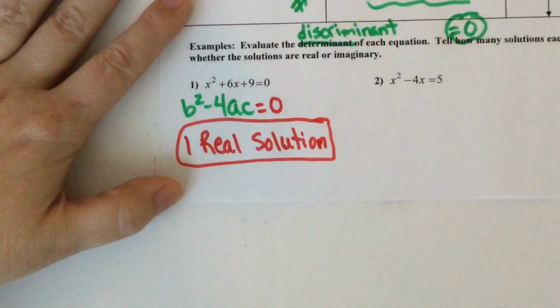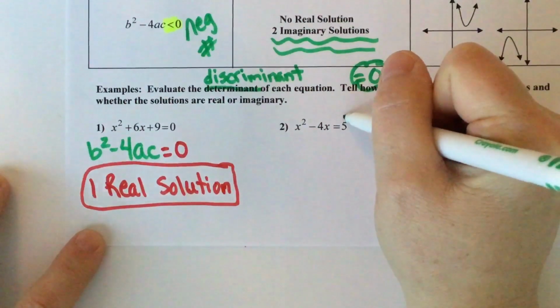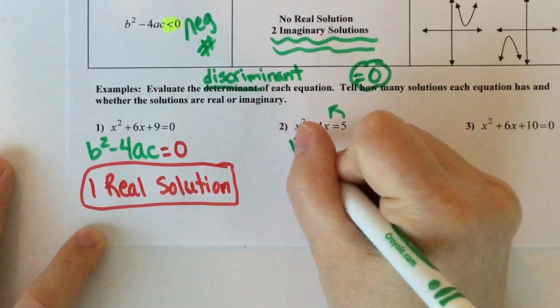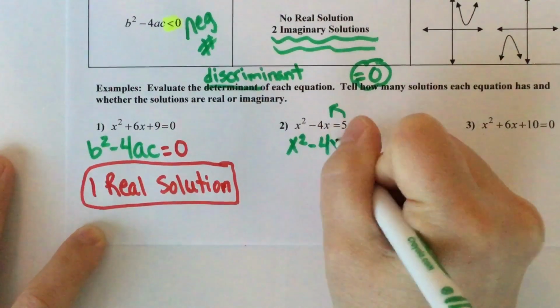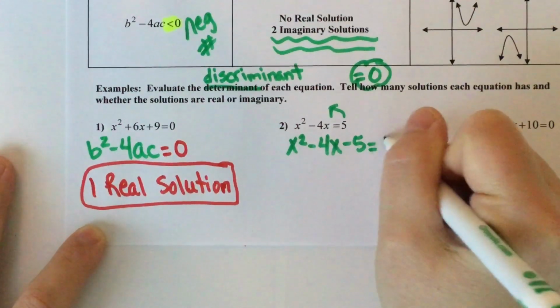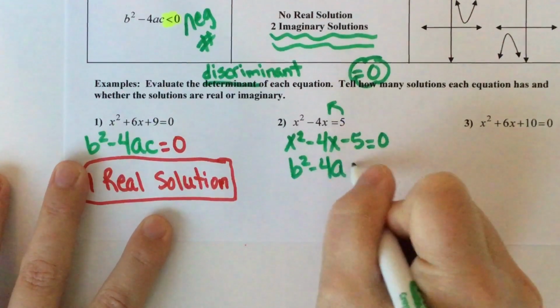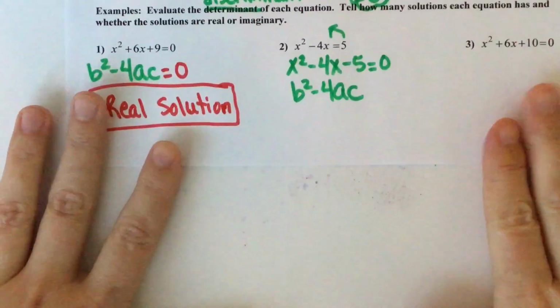Okay, let's try it again on this one. But is it ready? It's not ready. We need to move the 5. So this is going to say x squared minus 4x minus 5. Now let's find our discriminant. Let's calculate b squared minus 4ac, and see if we can do it without writing anything down.